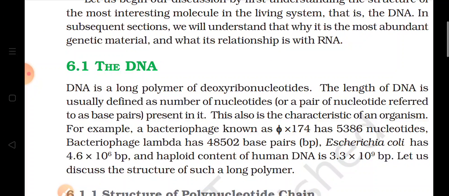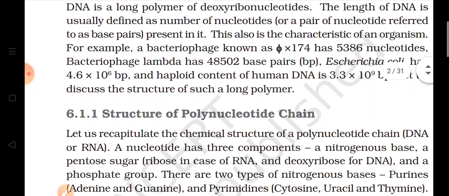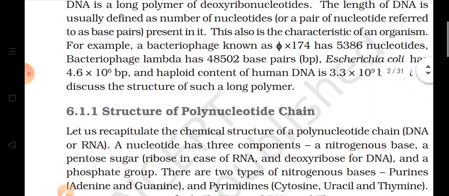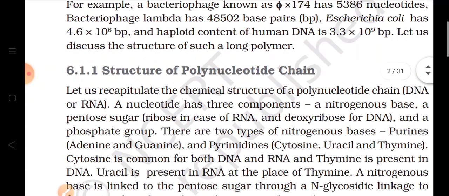So what we can see here is that there is a difference in the length of DNA of different organisms, and this length is dependent upon the number of nucleotides attached. And when we talk about the structure of a polynucleotide chain, it may be of a DNA or it may be of an RNA.